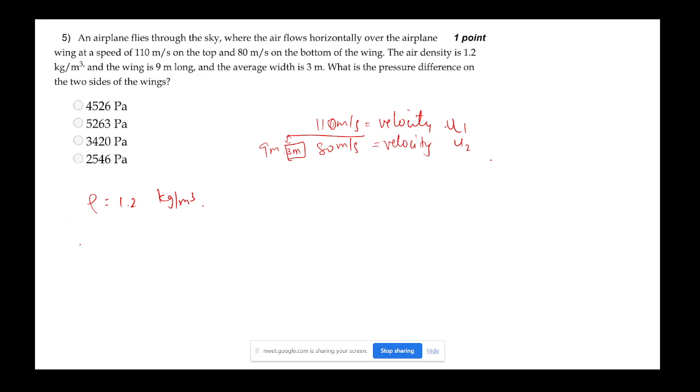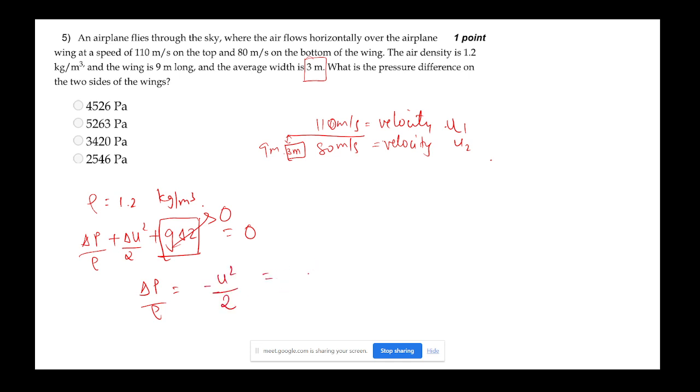To find the pressure difference, we will apply Bernoulli's equation: delta P by rho plus delta U square by 2 plus g delta Z. Since this term can be neglected here, or you can keep delta Z as 3 meters, but as compared to other terms this 3 is very small, you can neglect that. It has to be 0. So delta P by rho equals minus delta U square by 2.